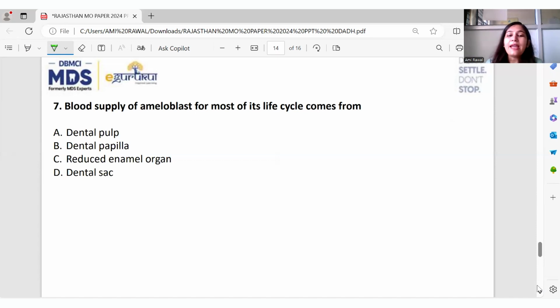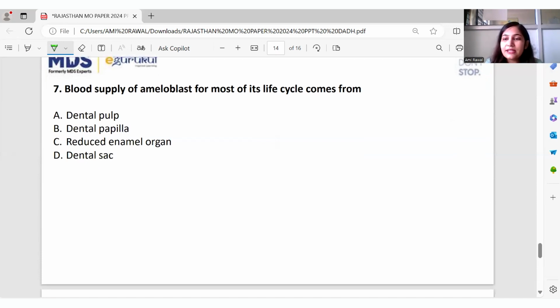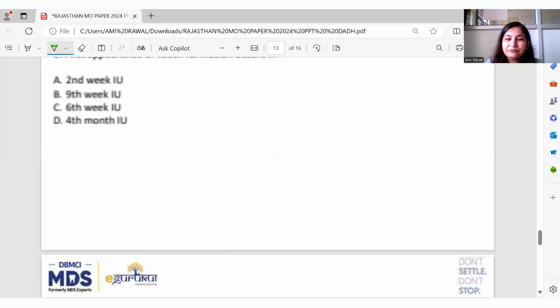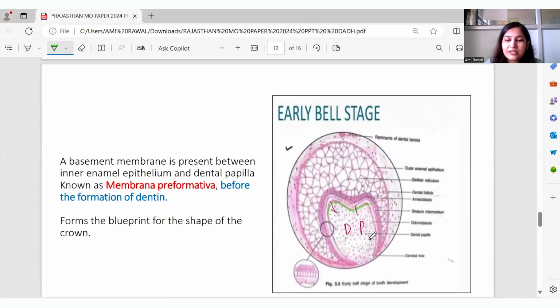Initially, ameloblast cells get nourishment from dental papilla, as we had seen in the early bell stage diagram. Remember, this is our early bell stage diagram. So initially, we can see it is receiving nourishment from dental papilla. Which cells form enamel? Inner enamel epithelial cells form enamel.